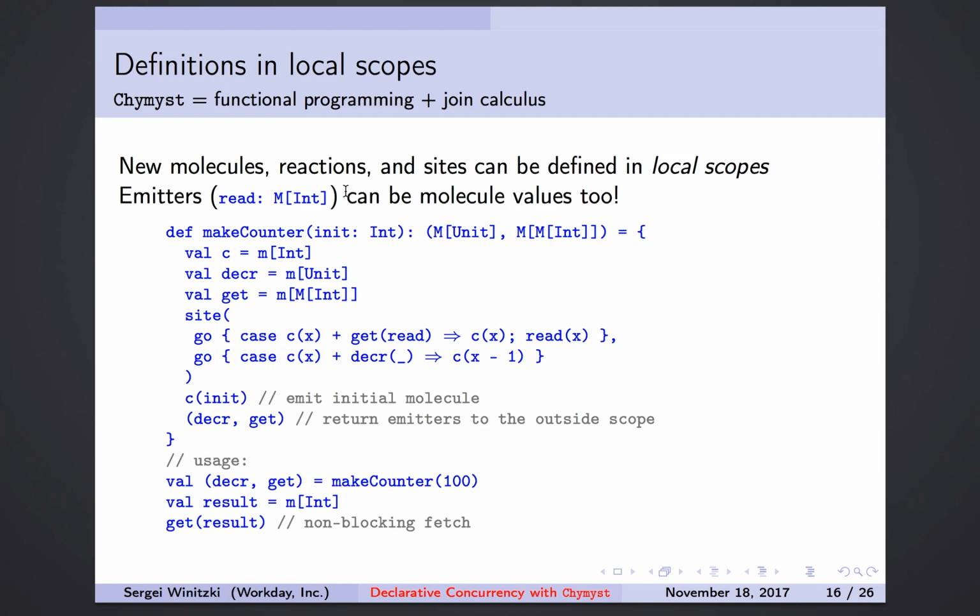So we can take a functional programming language, Scala, and we can add join calculus or chemical machine features on top of it, and we can benefit from both. The chemical machine is orthogonal to the programming language. It can be embedded into any programming language.